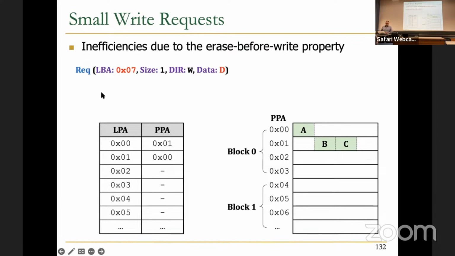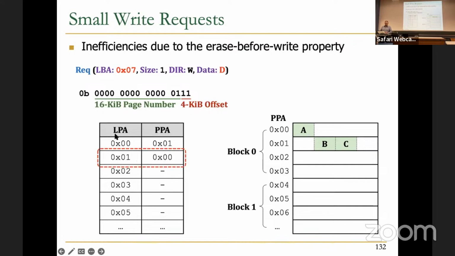So we have this logical block address 7, and we want to write it. So you can see that this is the same thing, right? You have this logical page address of 1, and then this is a kilobyte, like the offset. So you can think of reusing the same mapping entry, right? So ideally, you can use this physical page address and you just write here.